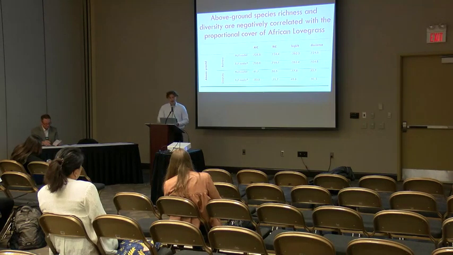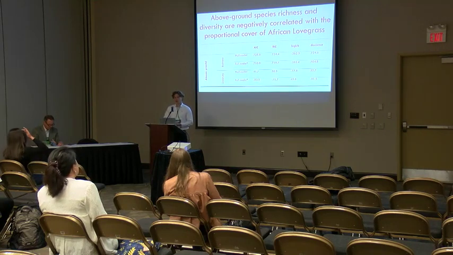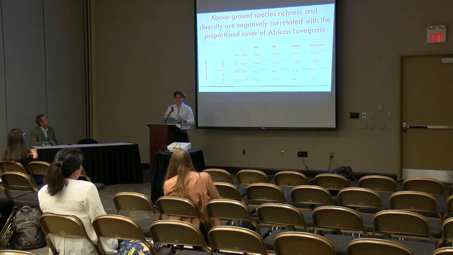Results. So what we found was the above ground species richness and diversity seemed to be negatively correlated with proportional cover of African lovegrass. This kind of makes sense. As we have more lovegrass occupying a quadrat, you expect to see less species being present in that quadrat. We were using a generalized linear mixed effects model to assess this data.